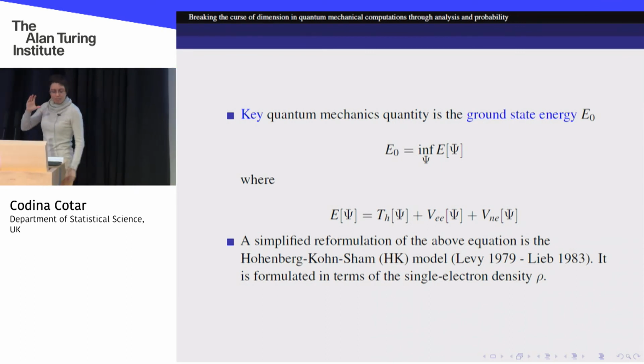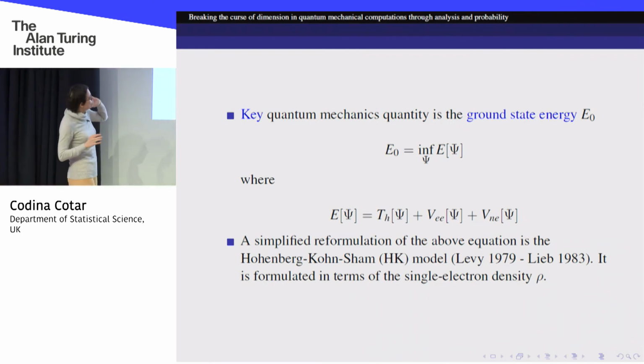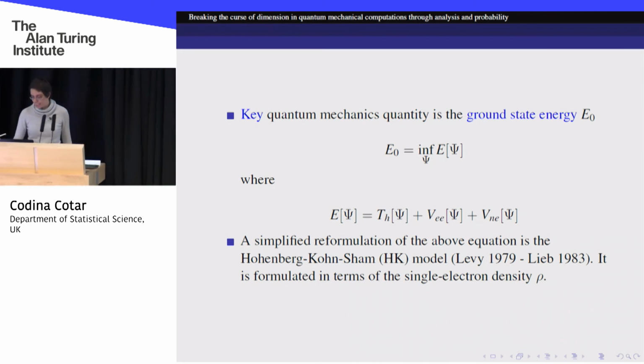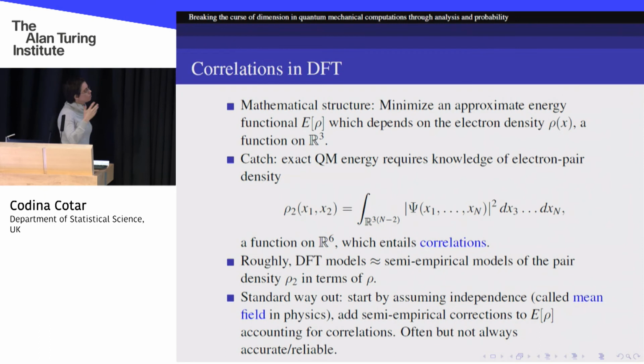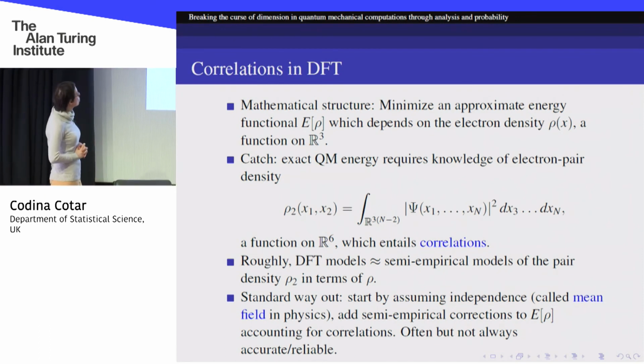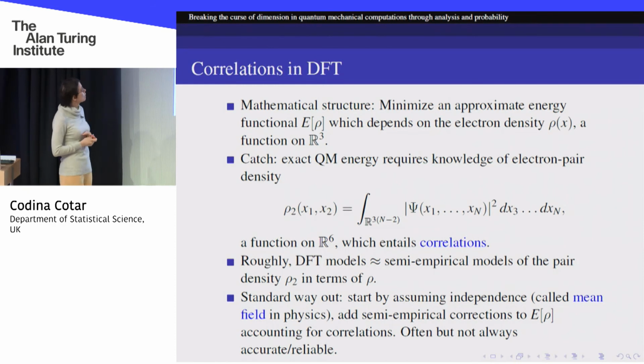However, it's deceptive, because if you look carefully at the formula, you will still find the big R^{3n} space. The wave function is still there, but it is hidden. So it doesn't help in any way if you're going to try and do computational approximations. However, it's a good starting point.